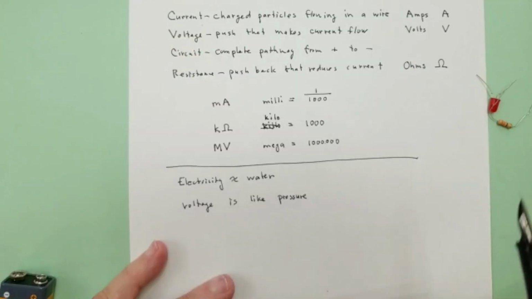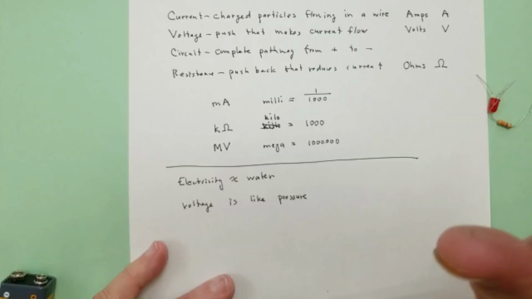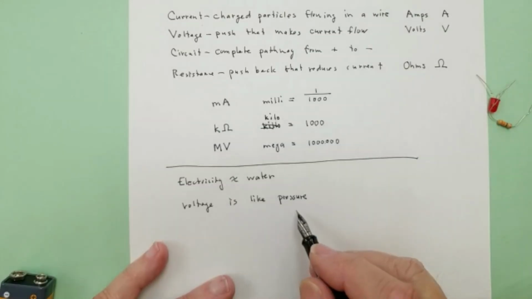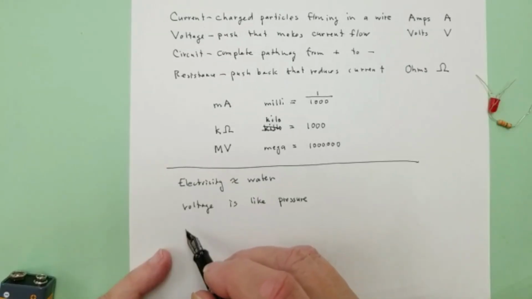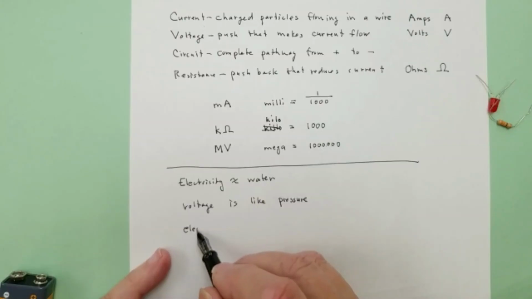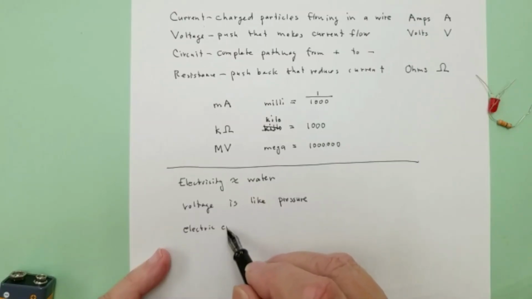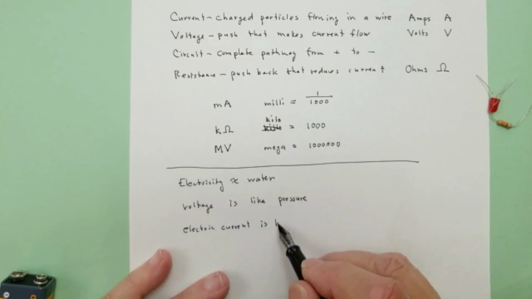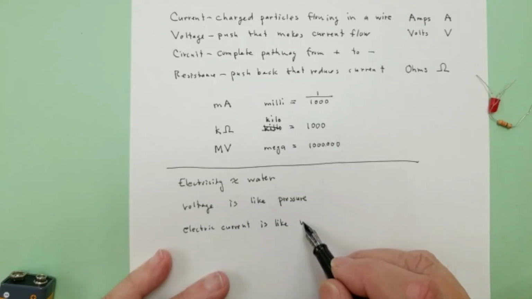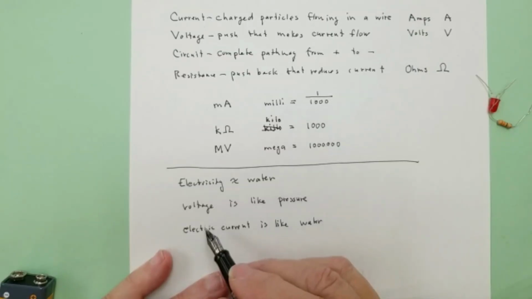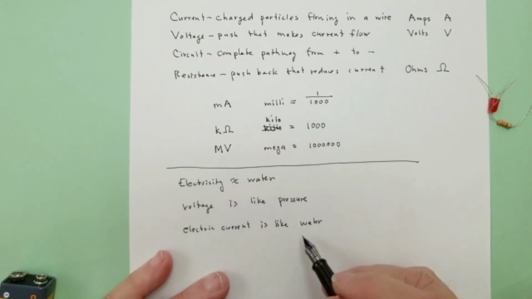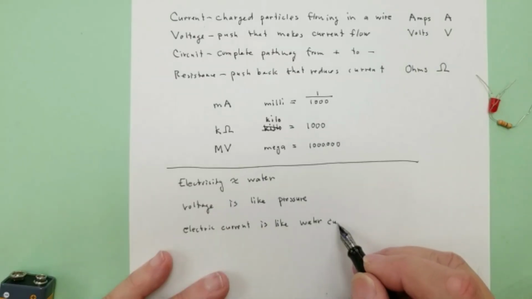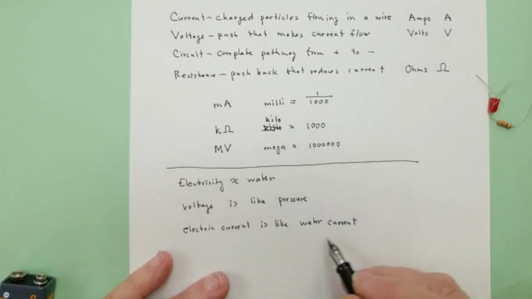You think of a tap, you turn it on full and you put your thumb over it, it's going to be exerting a force. So water pressure exerts a current, and electric current is analogous, I'll say, to water current. The flow of charged particles in the case of electricity, and the flow of water in the case of our water analogy.